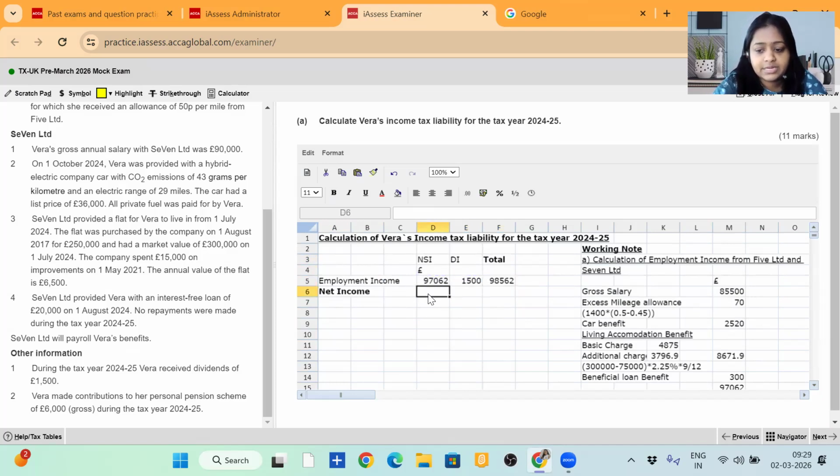Okay, now here net income is the same. So there is no difference. Net income is this, and the total is 98,562. No tapering of PA will be there. Just extension of rate band will be there. So we will reduce PA, and my PA is 12,570. And here also don't forget to reduce it, and you will get your taxable income.